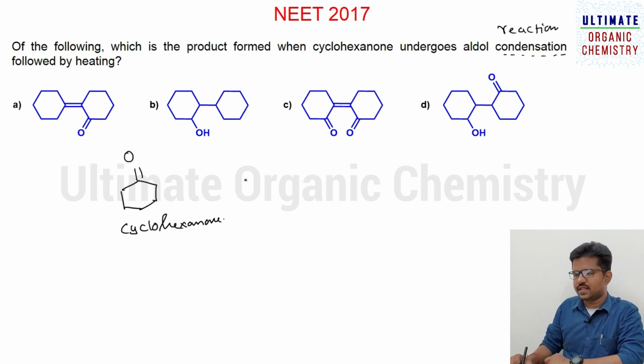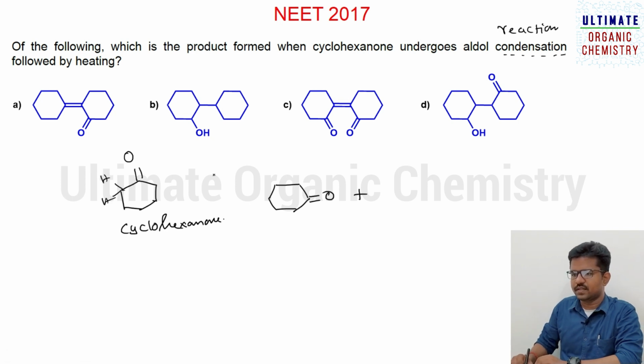Okay, the first step, aldol, we do not want; we want only the final step because we need to solve the question within 1 minute. So what you need to do is draw this cyclohexanone, the C double bond O, in a straight line. Next, here you have an alpha hydrogen, and here you have an alpha hydrogen. So you have to draw this alpha hydrogen like this. Overall, what will be removed?